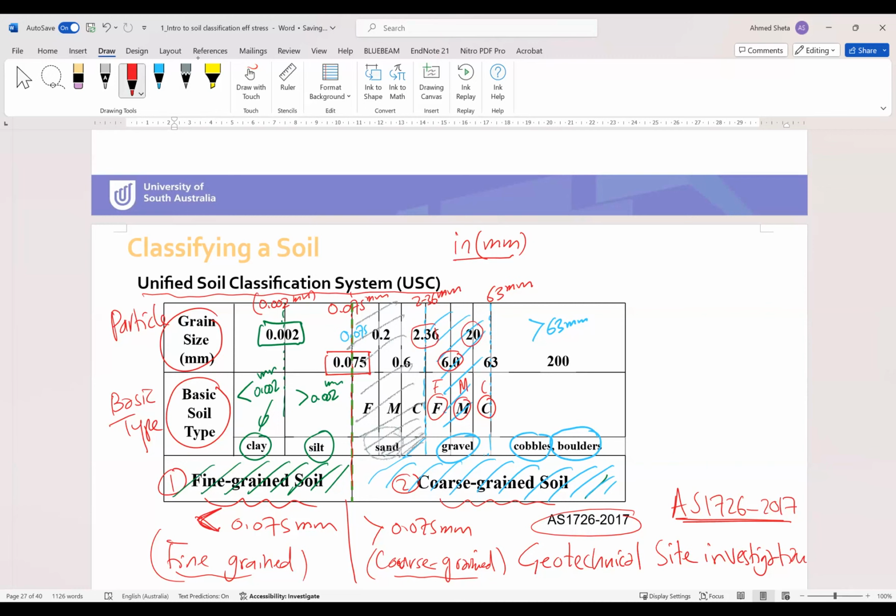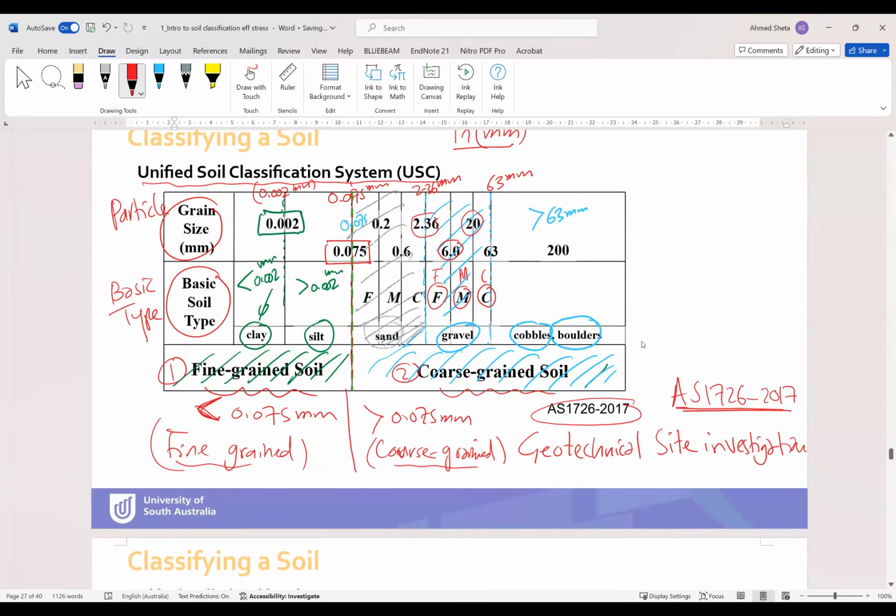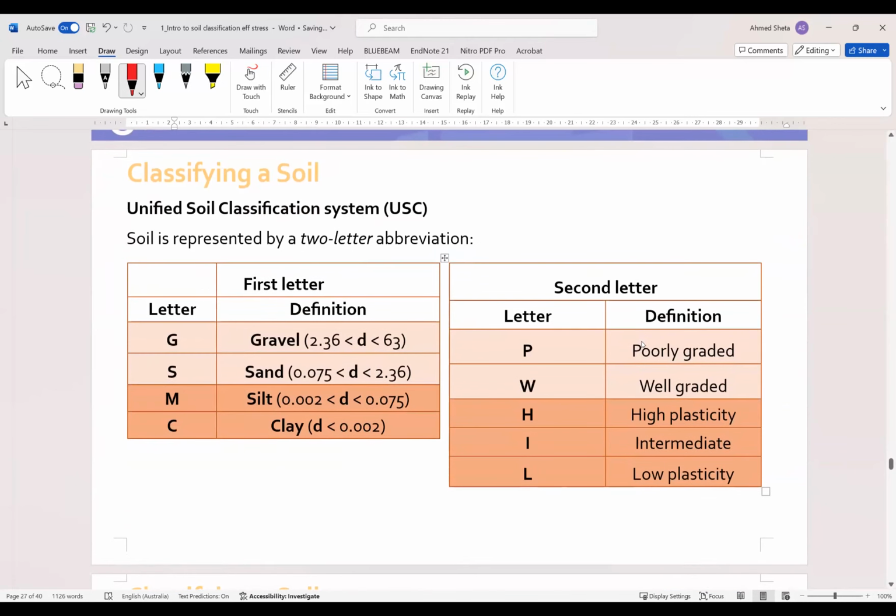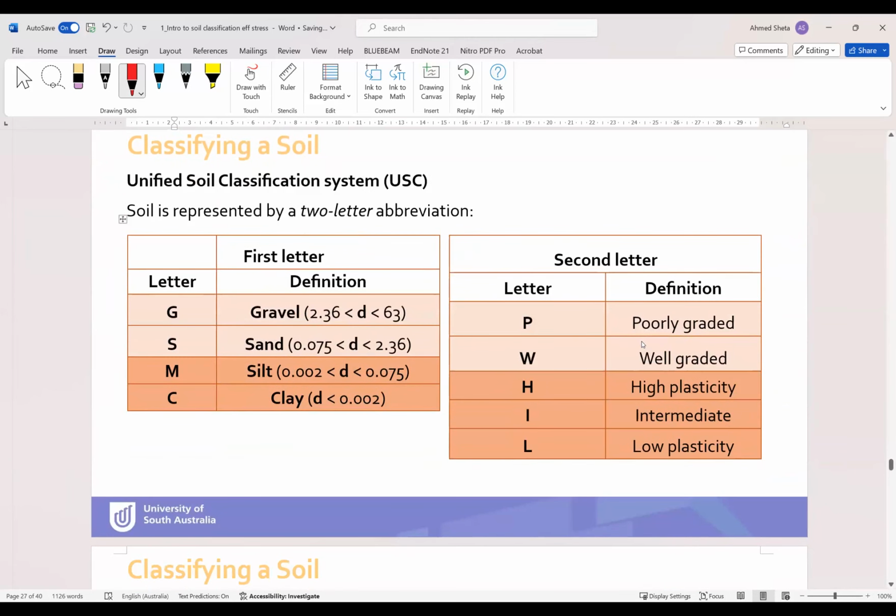And here in the next slide, this is just clearly how to classify the soil using the USC system, the Unified Soil Classification System. We have to get two letters for the soil. The first letter is the type of the soil.